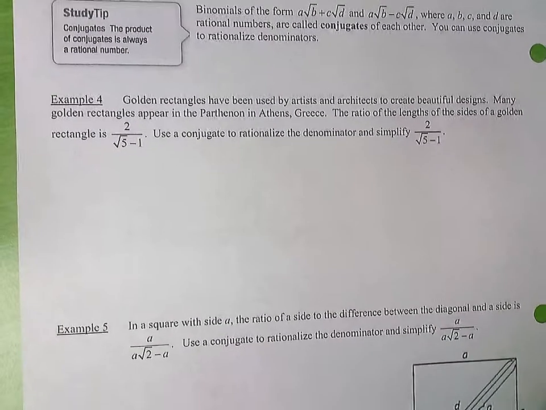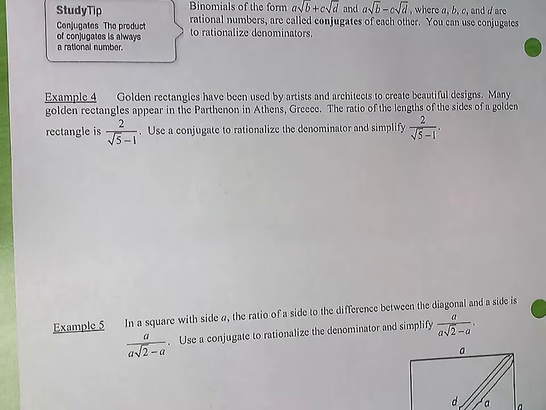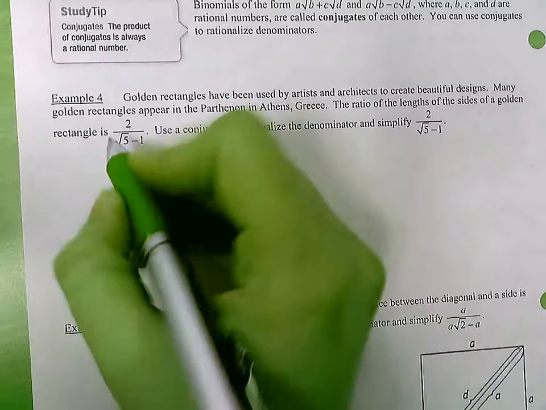In example 4, golden rectangles have been used by artists and architects to create beautiful designs. Many golden rectangles appear in the Parthenon in Athens, Greece. The ratio of the lengths of the sides of a golden rectangle is 2 over the square root of 5 minus 1. So we want to use the conjugate to rationalize this denominator and simplify.